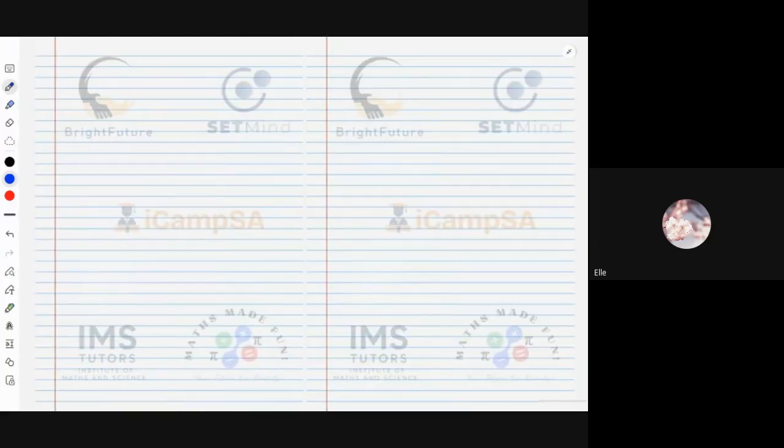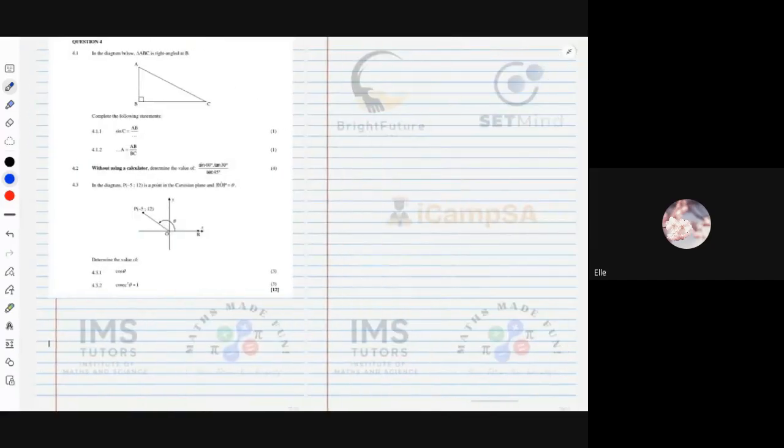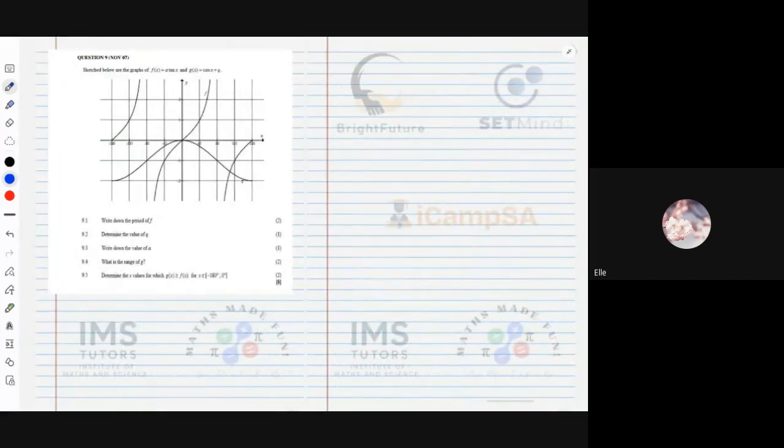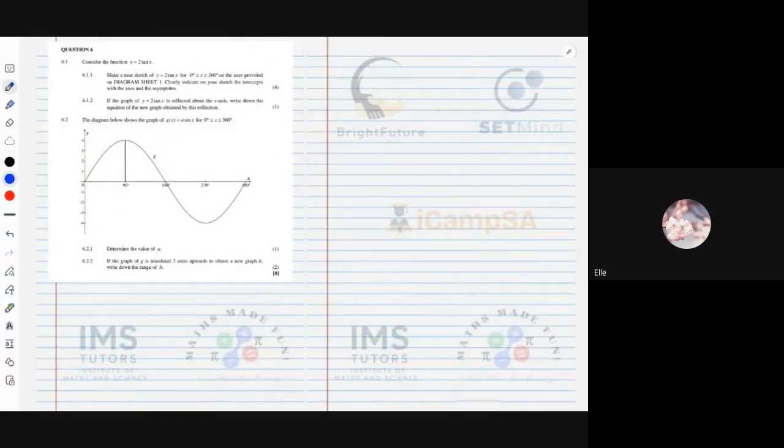But we are going to do the revision for those ones also. We are crunched for time, so let's move ahead. This is our next question, and then we'll move to other parts. We're just going to deal with functions because it's what we were doing recently.